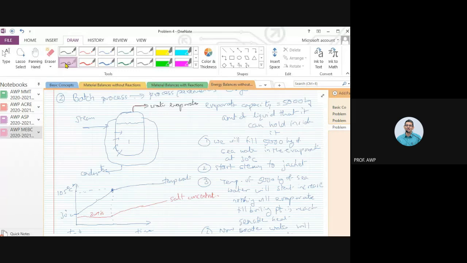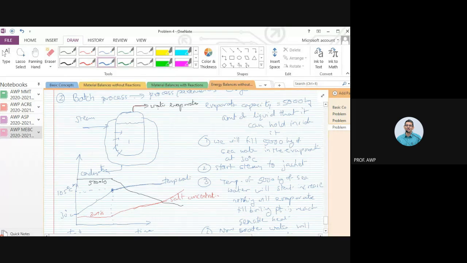So if you plot in black the amount of solution, till it reaches its boiling point it was 5000 kgs. Now as the water evaporates, the total mass of the solution will start going down. And because the water is getting evaporated, the concentration of the salt will keep on increasing. Because of the boiling point elevation, temperature will keep on increasing.